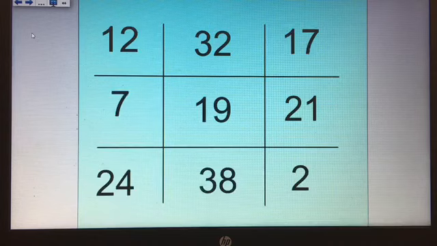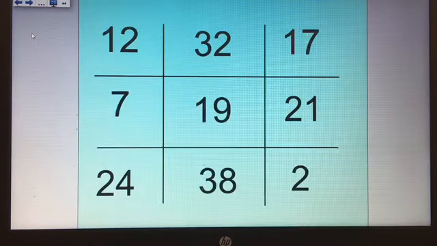Next question. 3.5 multiplied by 4. Next question. The amount of lines of symmetry in a rectangle. And you should have shouted out bingo.